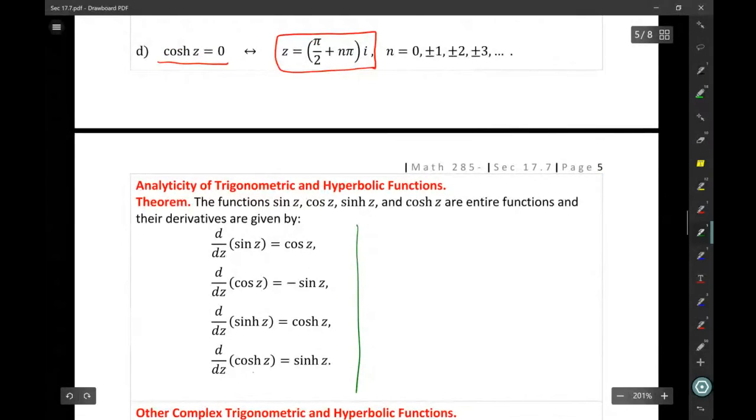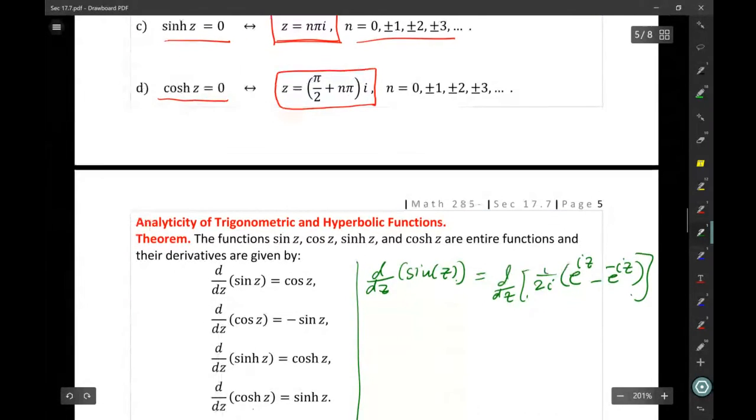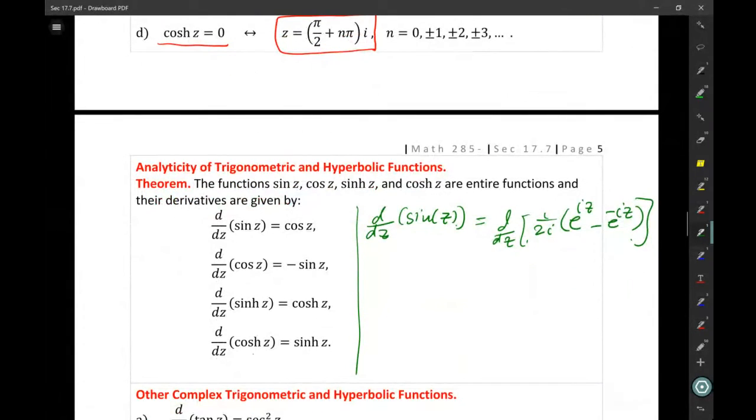And how do we derive those? For example, d by dz of sine z is equal to d by dz of 1 over 2i times e to the power iz minus e to the power minus iz, because this is the definition of sine z.